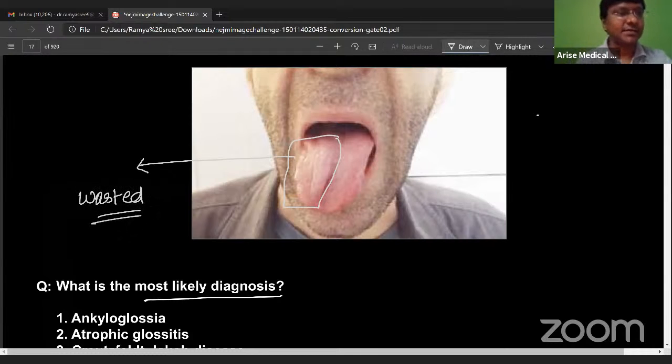And the other thing is, the tongue is deviated towards the affected side.